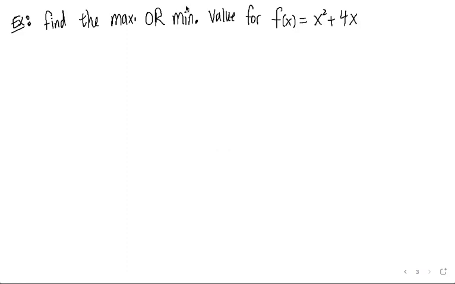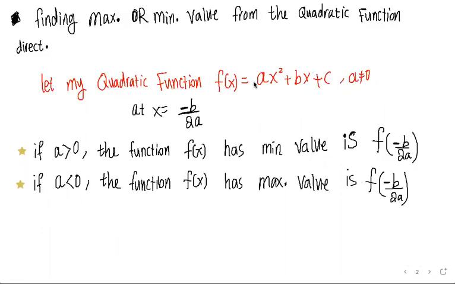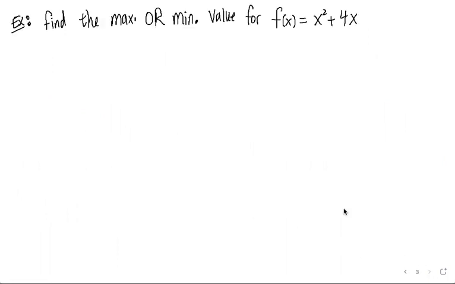So in this way, we don't have to find the standard form, f of x equal a times these things. We don't have to find this to find the maximum and minimum value. So I can use these rules here. First of all, we have to check what the value of a is. Is it positive or negative? So here, what is a?